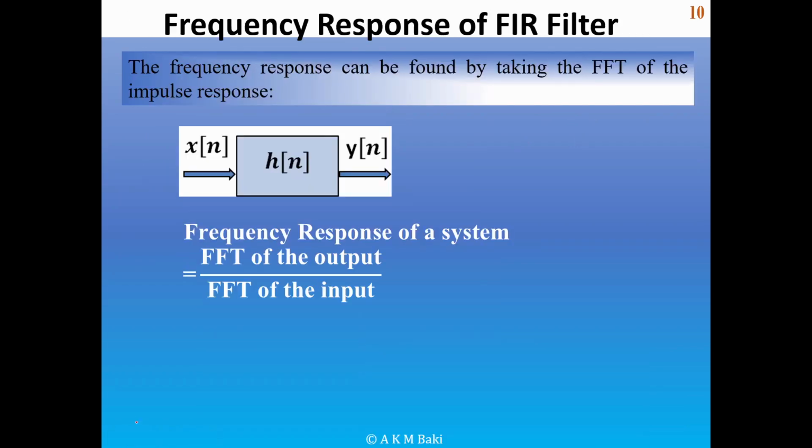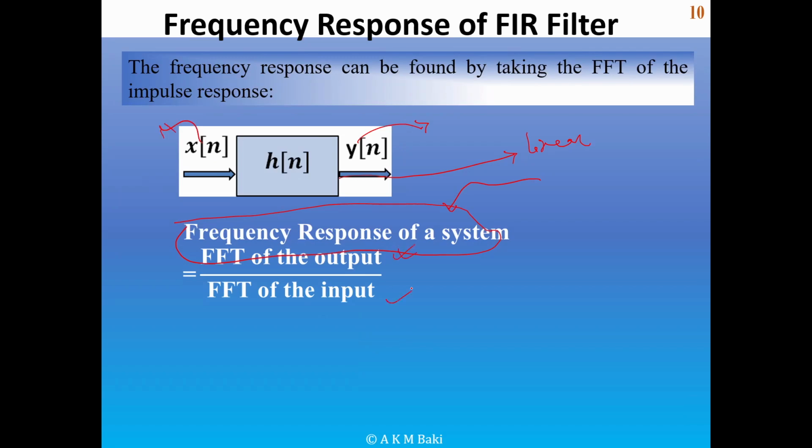So what will happen when you want to find out the frequency response? Frequency response is nothing but the ratio, as before, of the frequency response of this system. This is a linear system and we want to find out the frequency response. So again we have to take the FFT of output and the FFT of input and take the ratio.